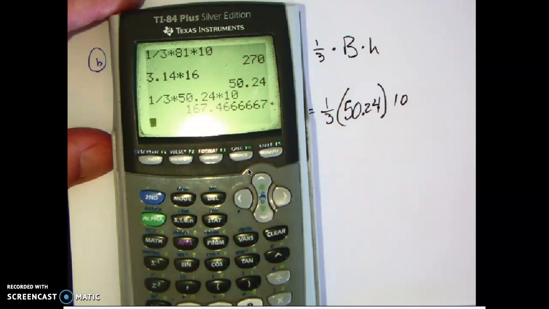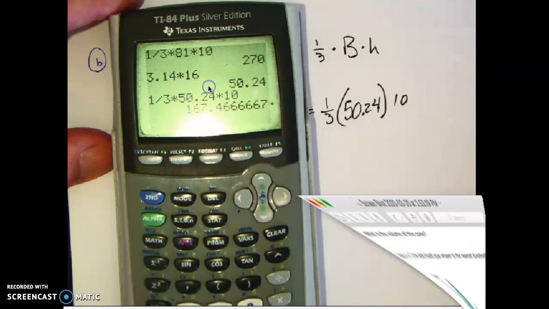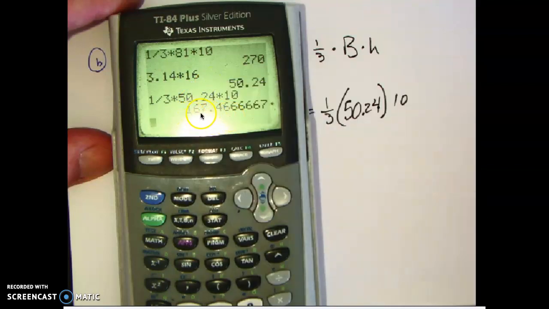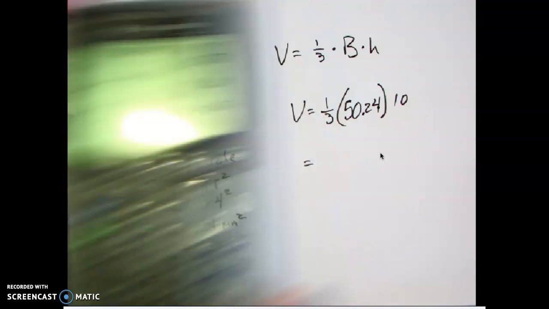And again, we were asked to round to the nearest hundredth. So we have 167 point, and then this first 6 here is our hundredth place, so 0.46 would round up to 0.47.